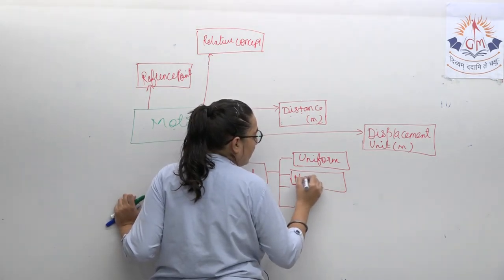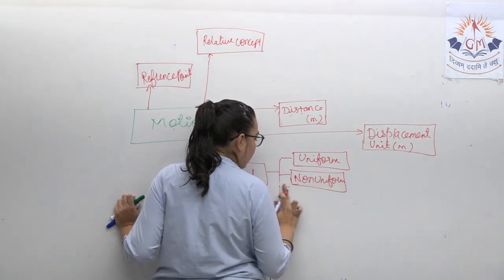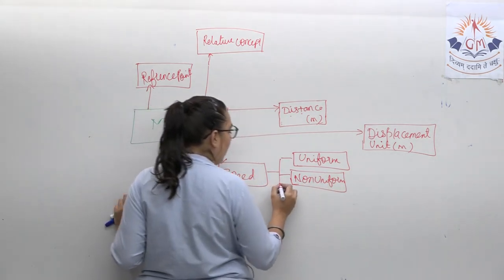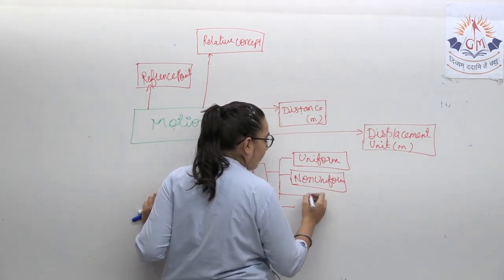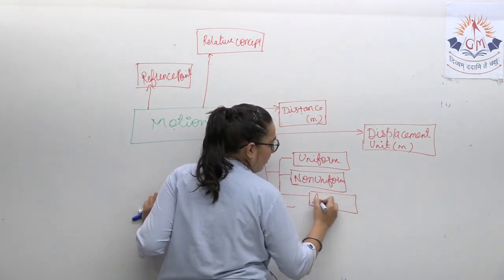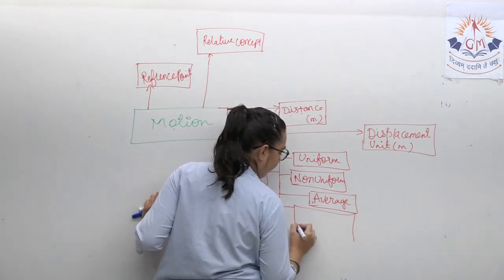This is what comes into your brain once you see what ma'am is writing. Uniform, non-uniform, then average, and instantaneous.